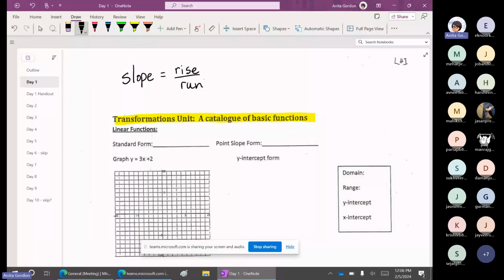When we are describing it mathematically, what does that mean? What does rise over run mean mathematically? How would I write it as an equation? y2 minus y1 over x2 minus x1.